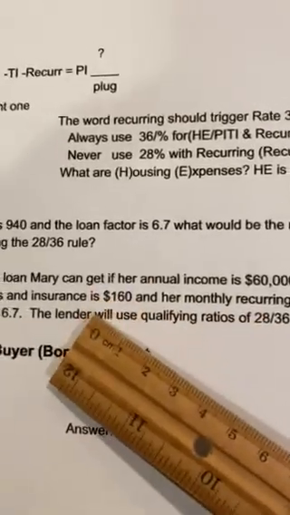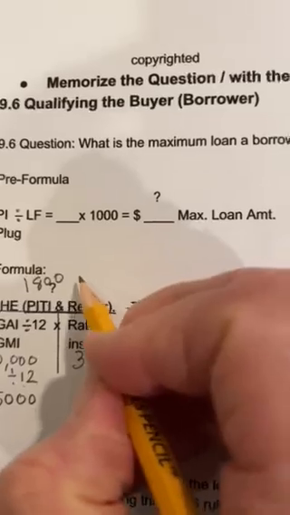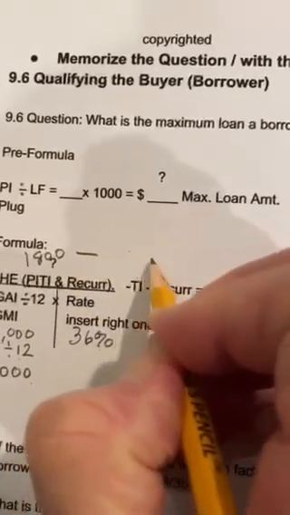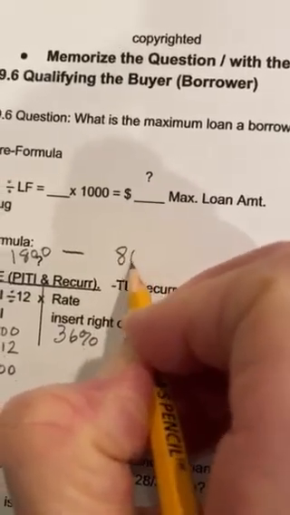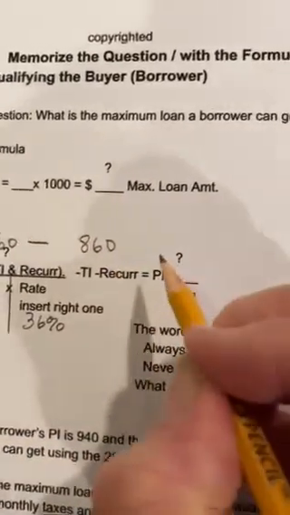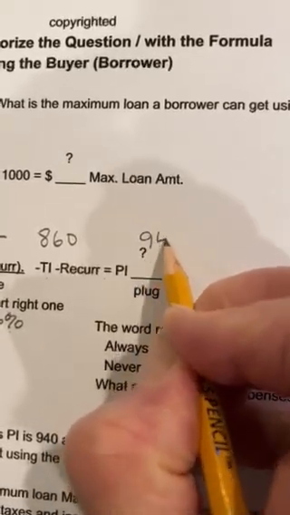So you add those two together, and that would be 860. So you minus 860 because it's these two together, your taxes and your insurance and your recurring. And then you come out with a 940 for your PI.